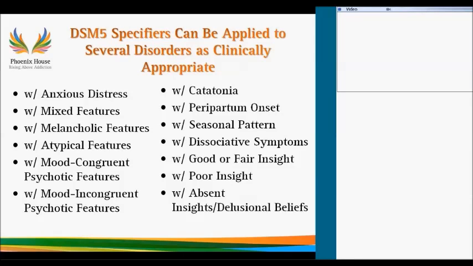So they looked at specifiers and said, why not, call it as we see it. We have patients coming in with these symptoms, and unless we make it part of the diagnostic criteria, it's not going to be identified in treatment.